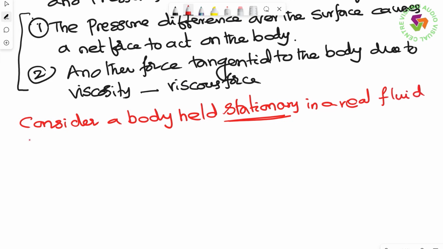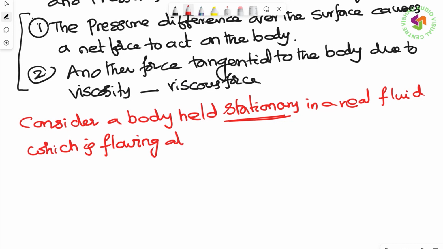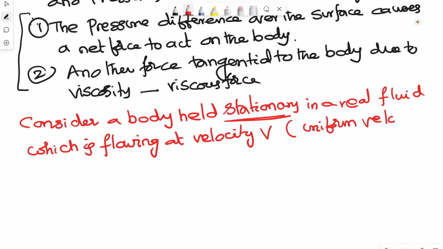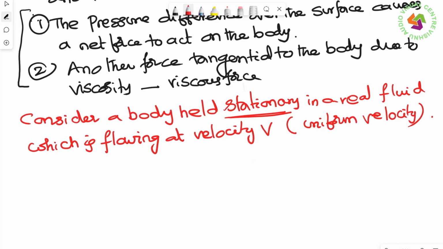The real fluid is flowing at a uniform velocity, V. Right now I have taken a shape, you see it, just for explaining.